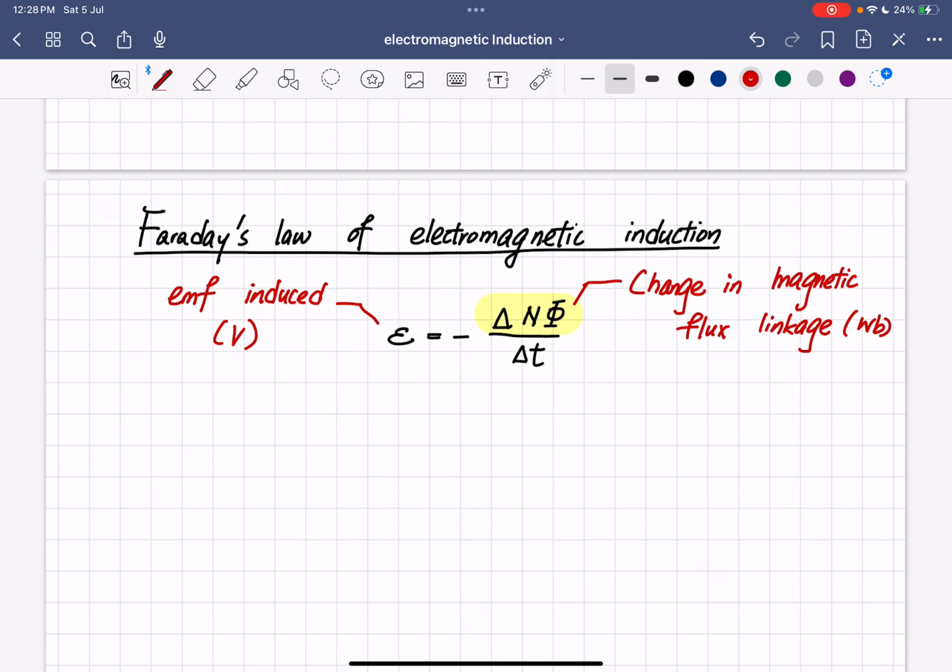And then delta t is the time taken for that change. So when you are talking about a change in something over the time taken, the whole thing is the rate of change.